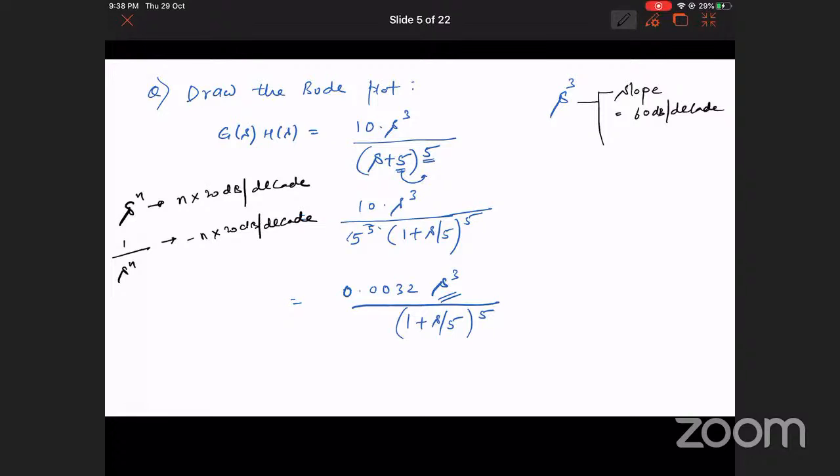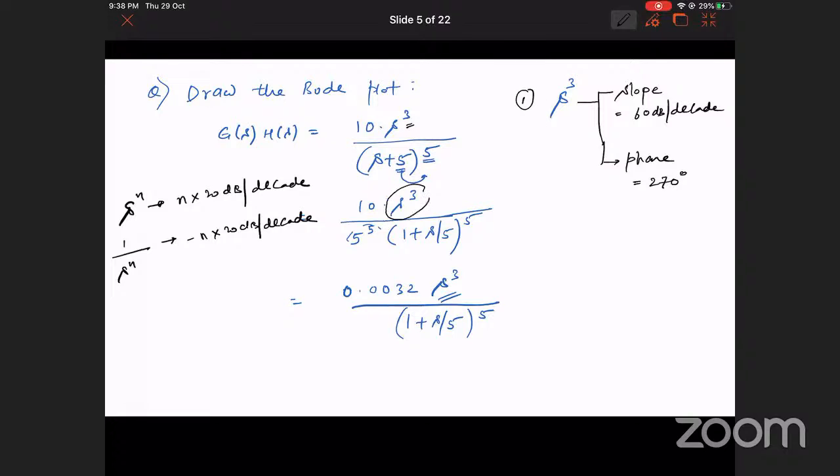So this is the magnitude contribution, and then you can see the phase contribution. Phase contribution is n times 90 degree. Here n is 3, guys, so it is 3 times 90 degree, which is 270 degree. So that is step number 1.